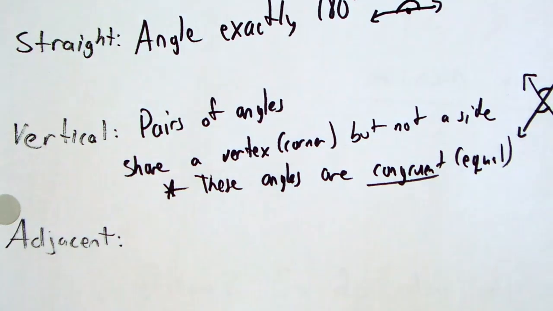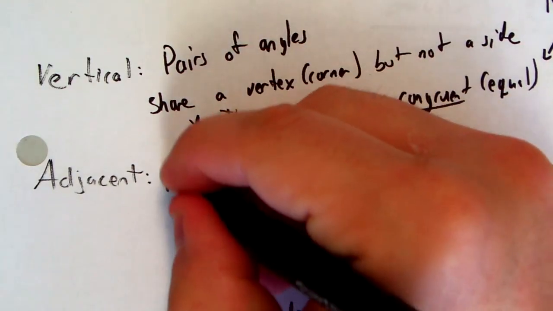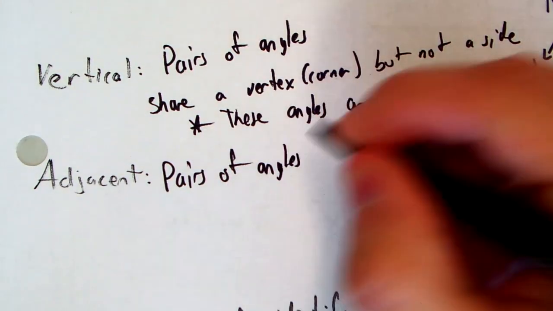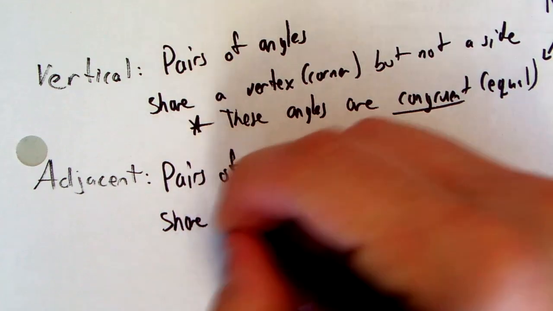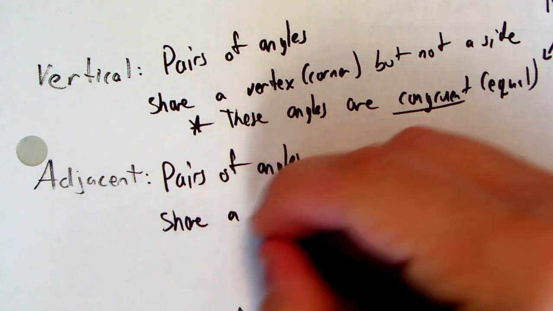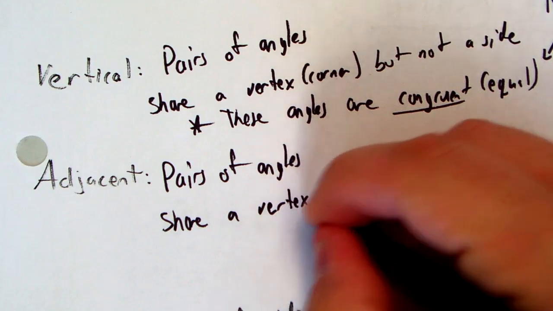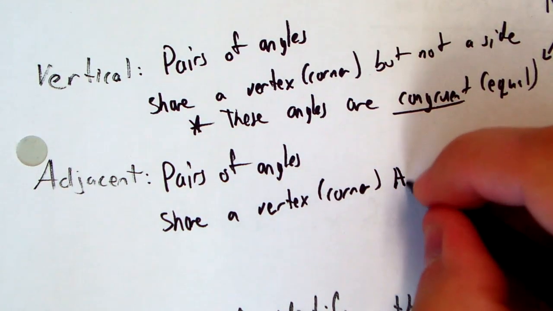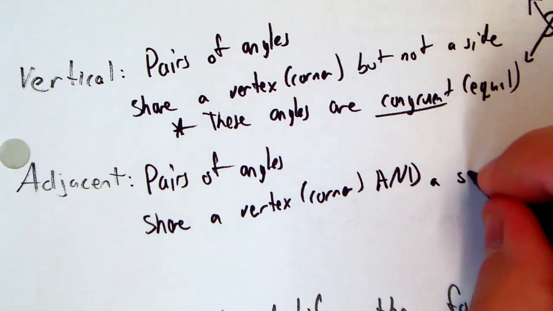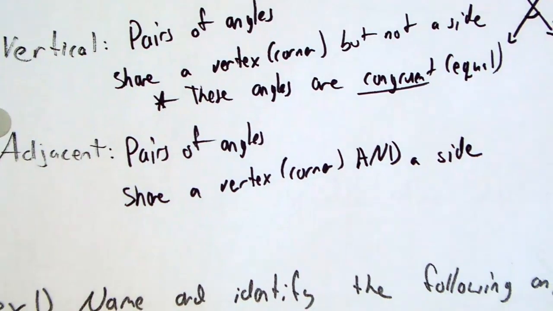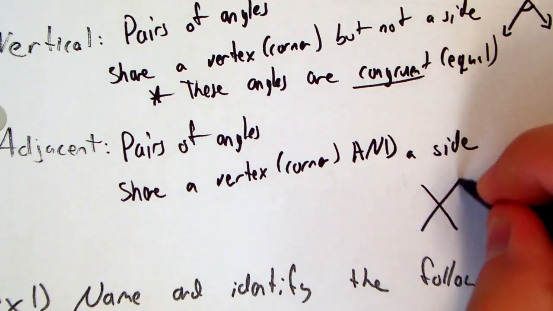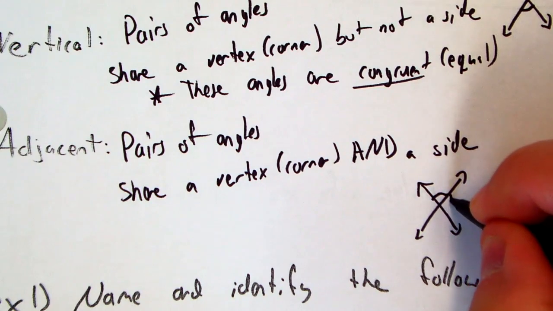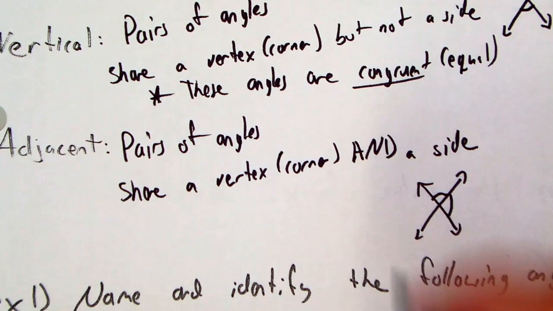Now, when we have adjacent angles, these are also pairs of angles. Very similarly to vertical angles, they share a vertex or a corner and a side. So again, if we look at the same diagram that we had for vertical, these two would be adjacent angles, because they share this vertex.